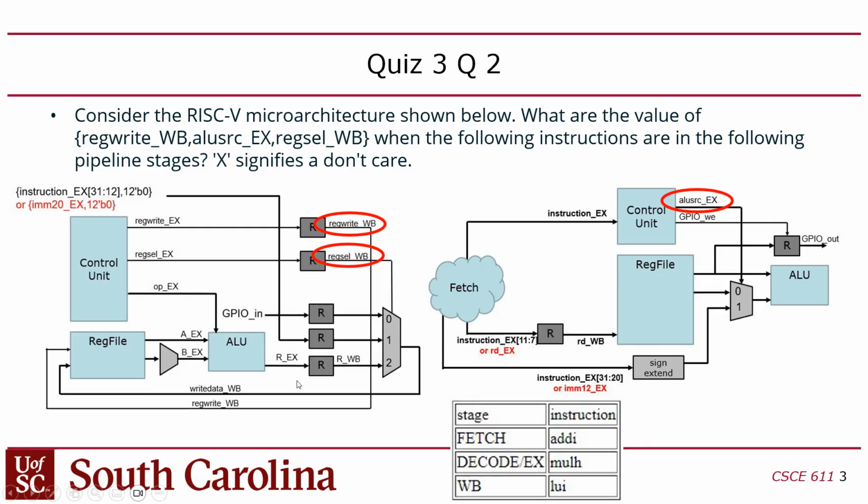And the way that you would make the ALU output not used is if you don't select its output in this MUX here, the reg select MUX, right? So if the reg select MUX is not selecting the output of the ALU, then the ALU inputs are don't cares, right?